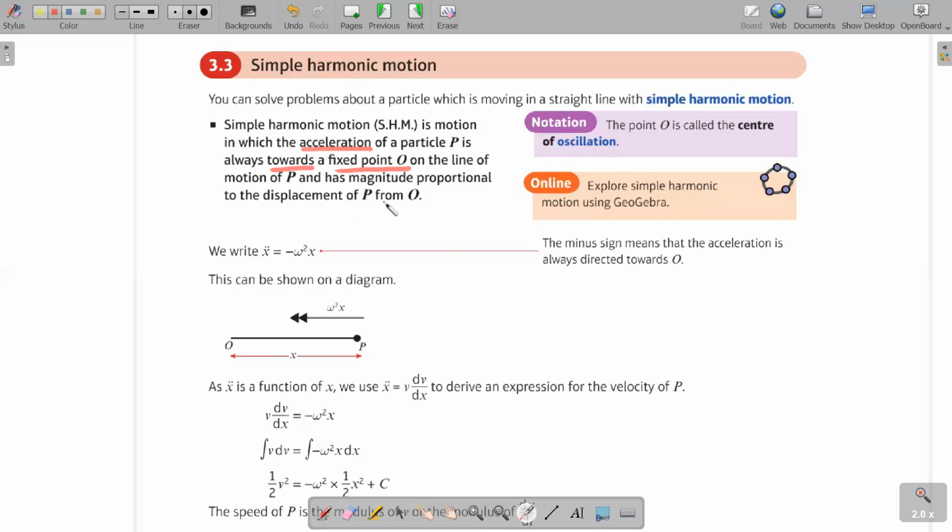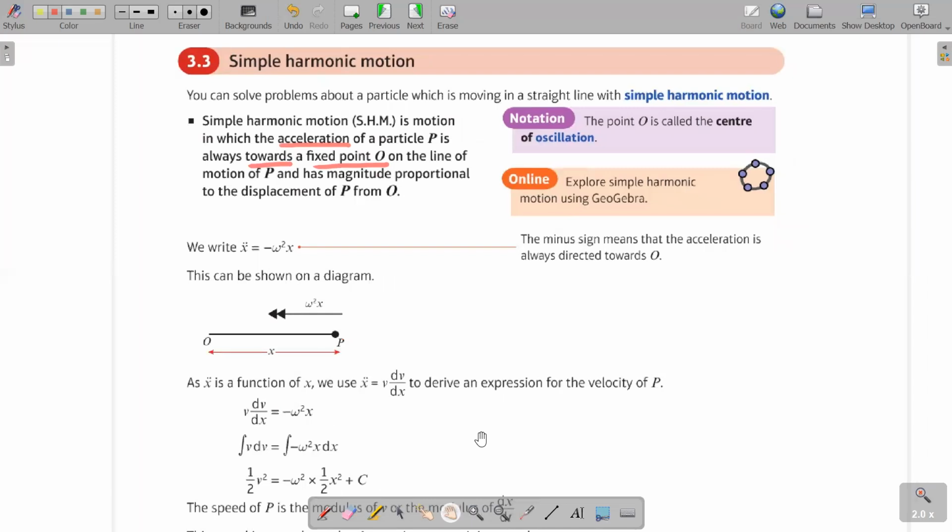And what's the other important thing? In SHM, the acceleration is always directed towards the center. A good example of simple harmonic motion that you can practically understand is the simple pendulum. I think you might have heard of the motion of the simple pendulum.